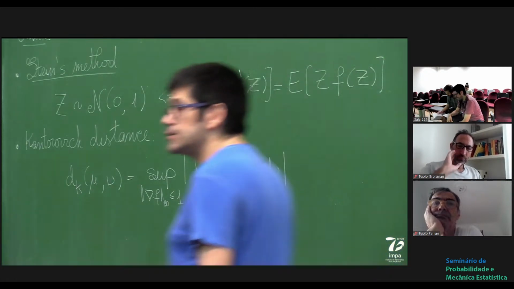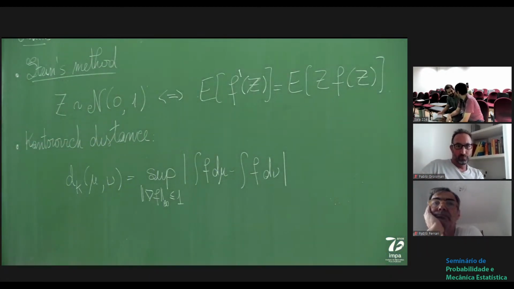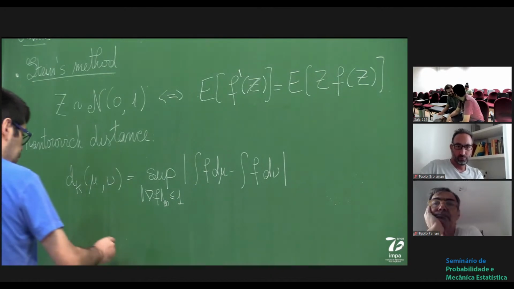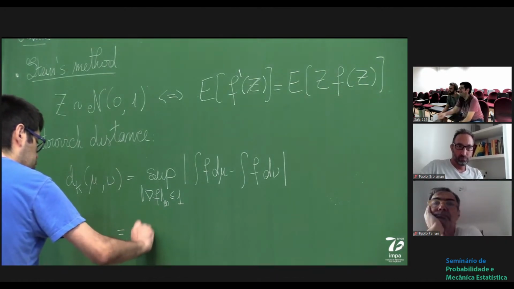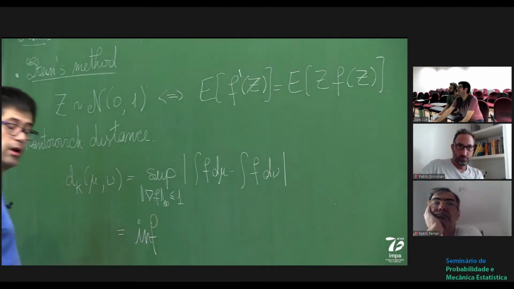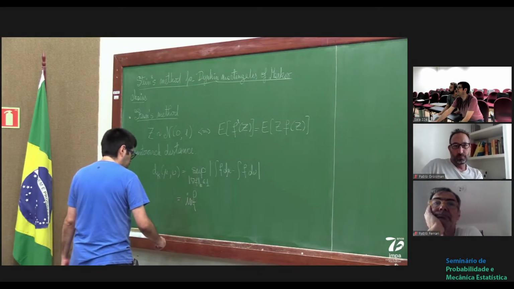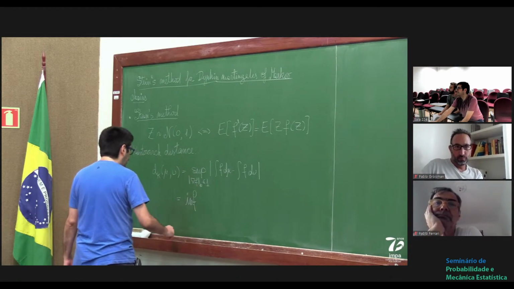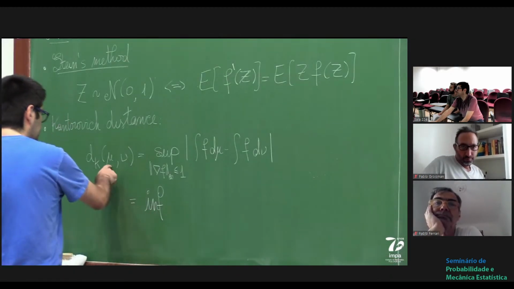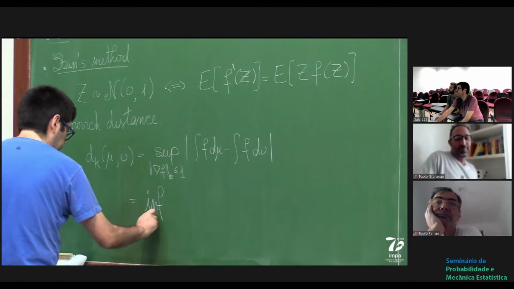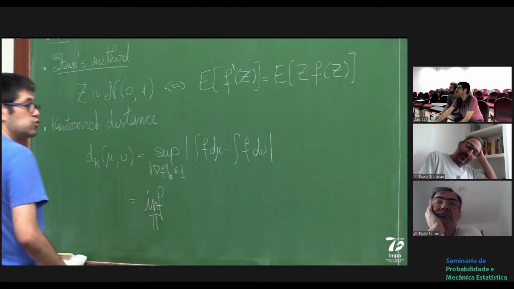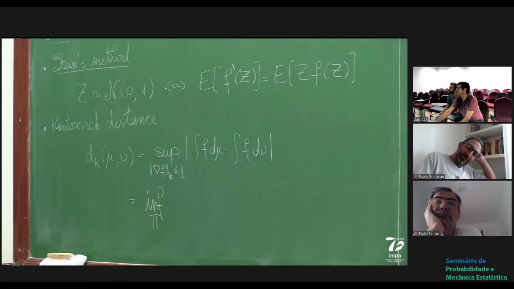And the Kantorovich distance is useful for probability purposes because it's actually also equal to the following object, an infimum. So it's the infimum over all couplings between the measures mu and nu. Let me call a coupling between these two measures pi.